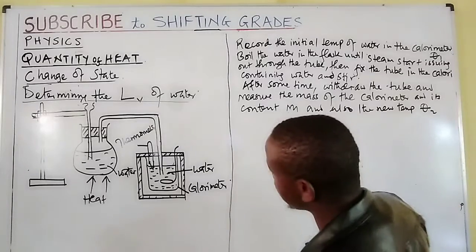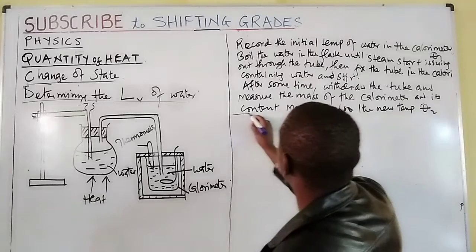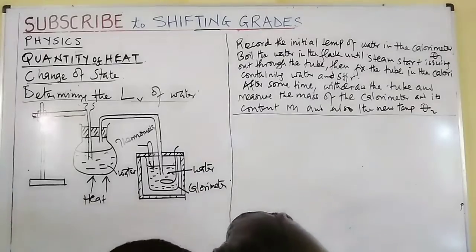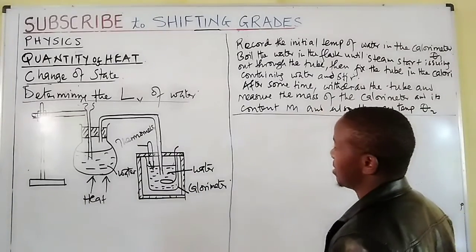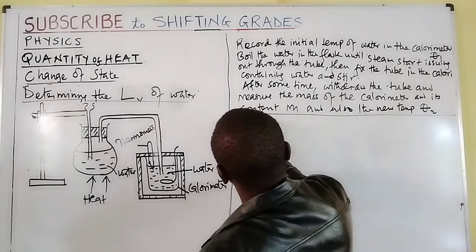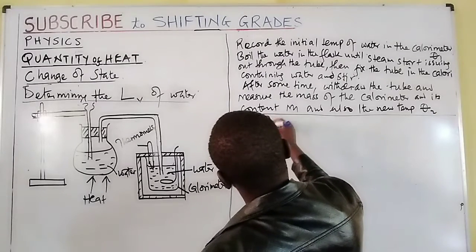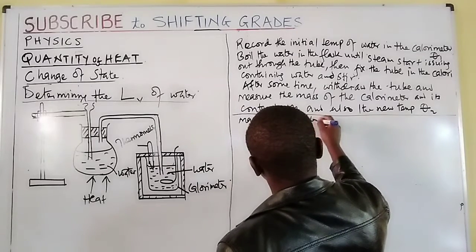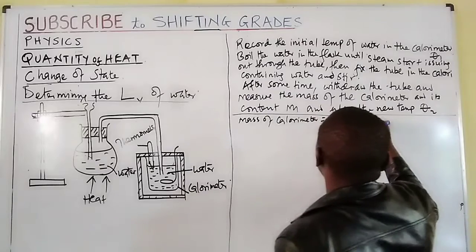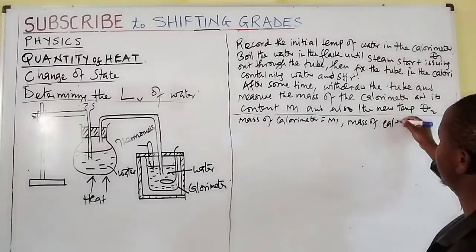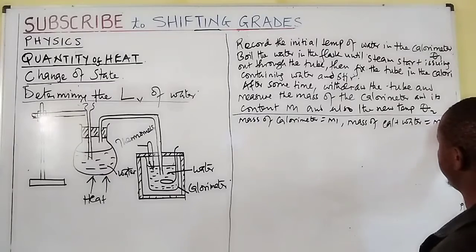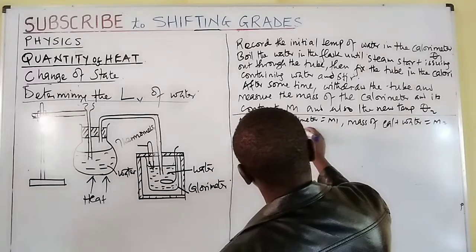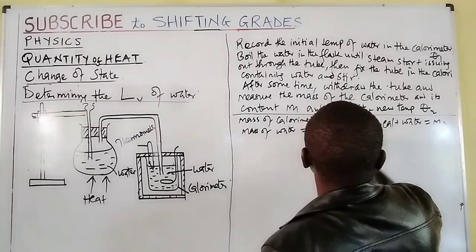Therefore, we can now assemble the results. We have the mass of calorimeter as M1 and mass of calorimeter and water as M2. So mass of water will be M2 minus M1.